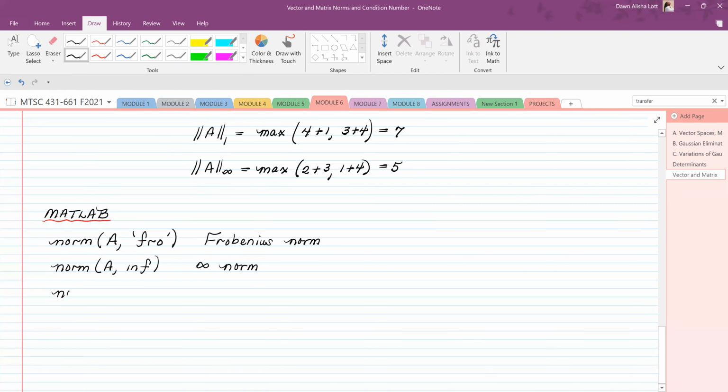And then you can do the norm of A, 1, and that is the 1 norm. And then the norm of A with a 2 gives the spectral norm. Okay.